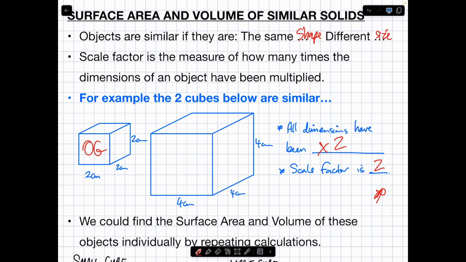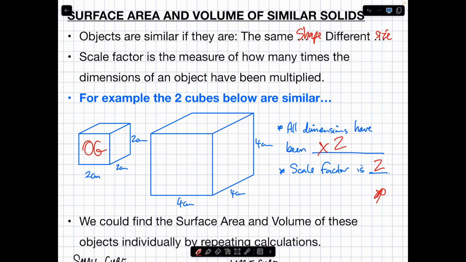The point of these notes is to establish what I mean by scale factor. The scale factor of something is how many times you've multiplied the original sizes. If I was doing a cube that was scale factor 3 of that original cube, what would the lengths be? Would it still be 4 by 4 by 4? 6 by 6, good. Scale factor 10 would be 20 by 20 by 20.